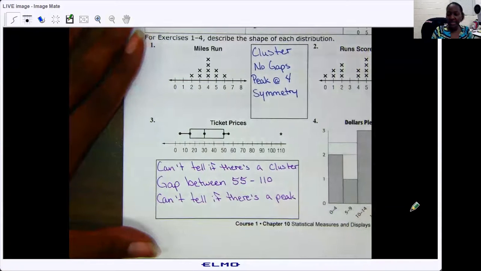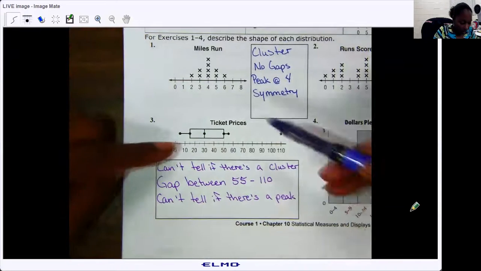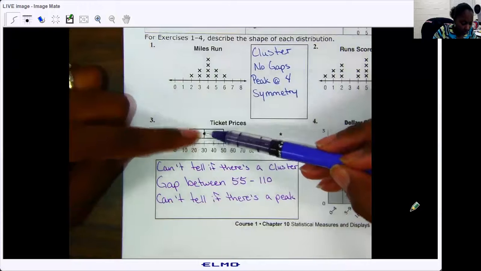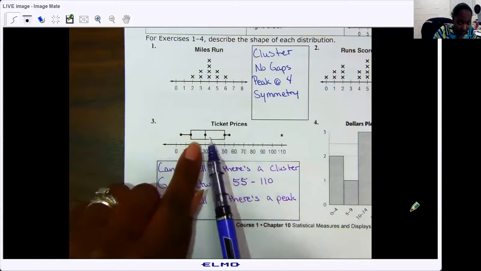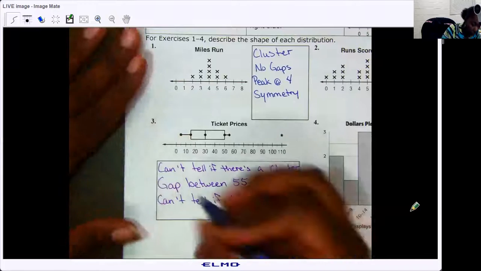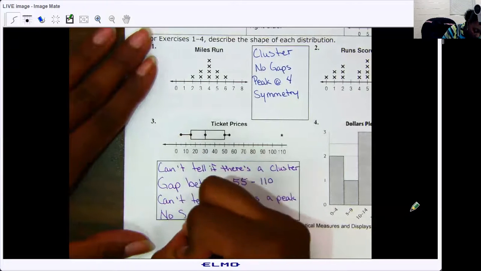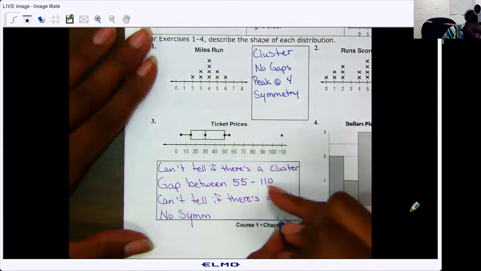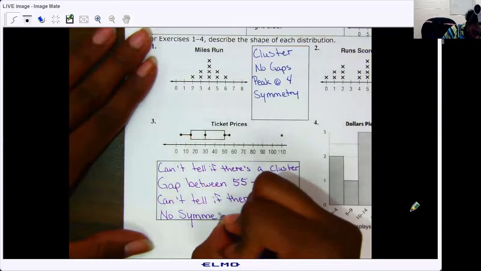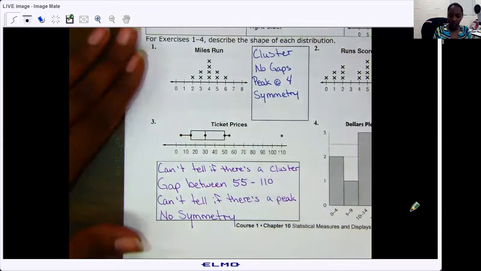Okay, and then finally symmetry. So I'm going to look at the middle. Here's our median. It doesn't look the same on the left as it does on the right. So I'm going to put no symmetry here. All right, so the only thing we had going on this one is a gap. That was the only one that we could tell for sure from this box plot, okay?